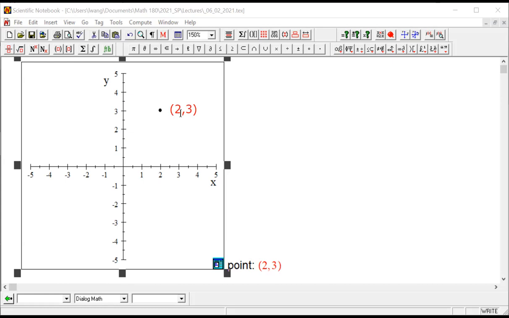Right? And the quantity, okay, you see the x coordinate, which indicate the horizontal distance to y-axis, and the 3 indicate the vertical distance from the point to the x-axis. And these are numbers. These are actual numbers. Okay. But in rectangular system, what happened is that these 2 and 3, they will be dependent on another variable.